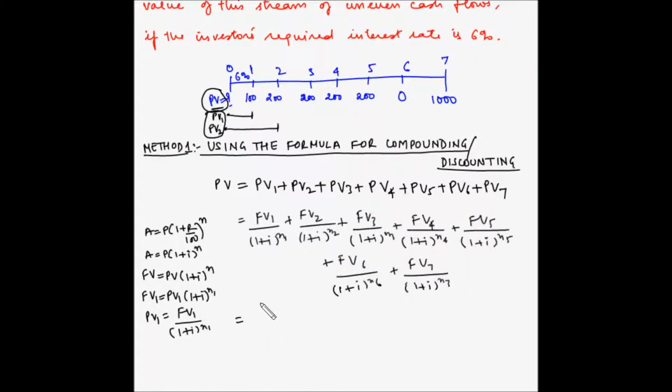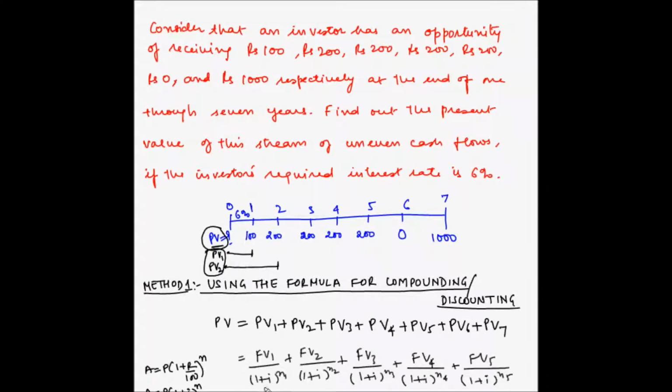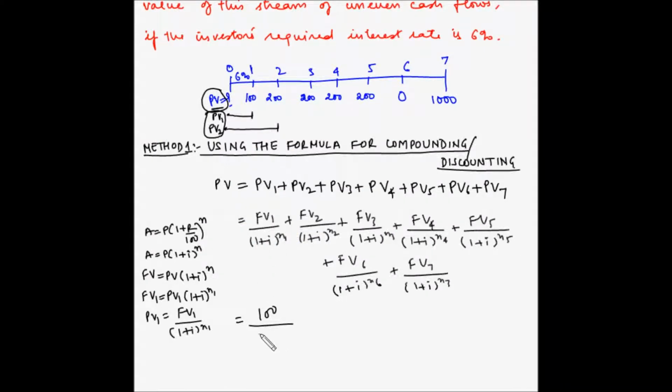So 100 divided by (1 plus I, where I is 0.06). So this becomes 1.06.